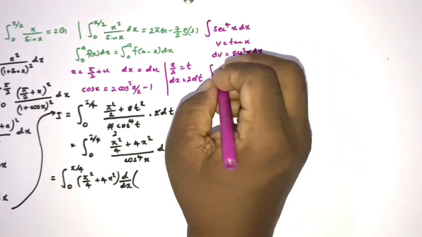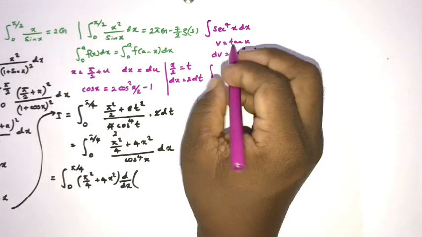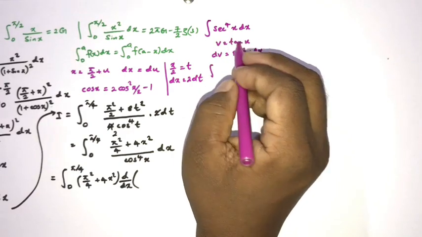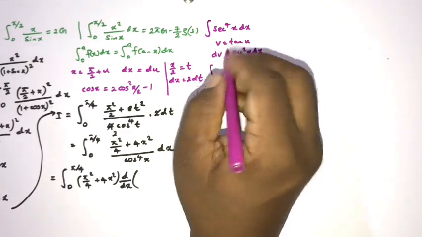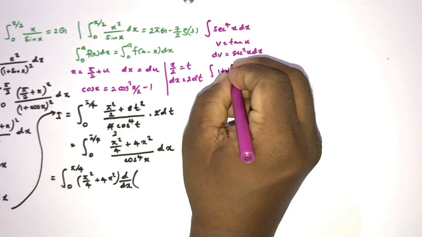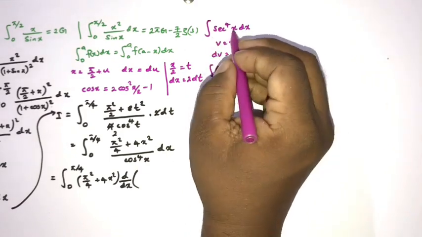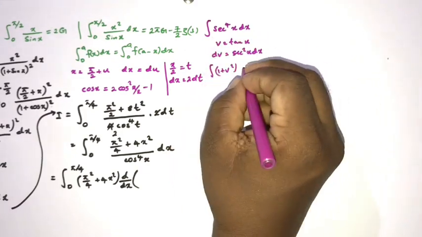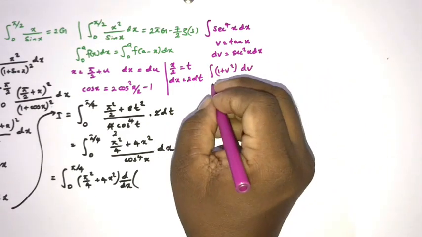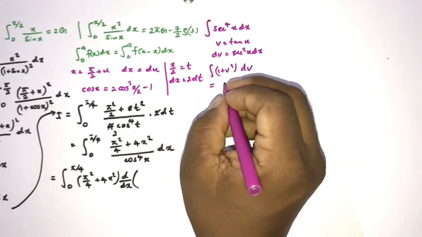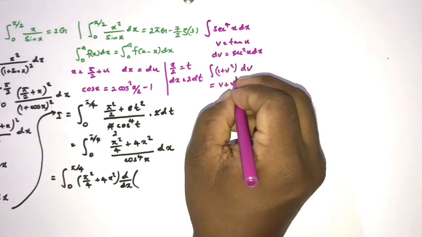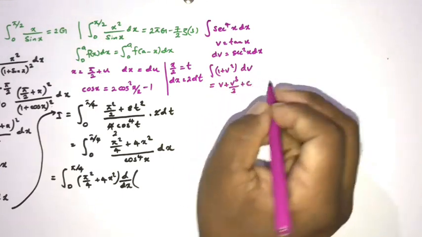Now we can write our integral is equal to sec²x, and sec²x we know is 1 plus tan², so 1 plus v², then again sec²x dx we know is dv.